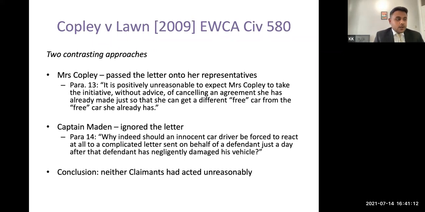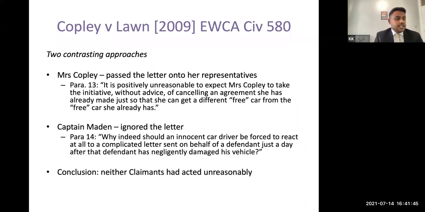In Mrs. Copley's case, her evidence was that she received a cold call on the same day at which she signed the credit hire agreement. This cold call, she says, was received after she had already signed the hire agreement. She also received an intervention letter that day, which I've already alluded to.